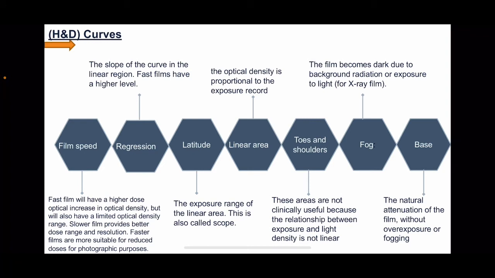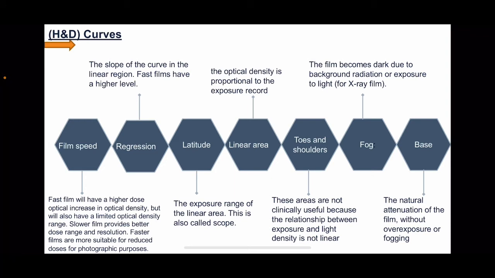Faster films are more suitable for reduced doses for photographic purposes. Gradient: the slope of the curve in the linear region. Fast film has a higher gradient. Latitude: the exposure range of the linear area. This is also called scope.